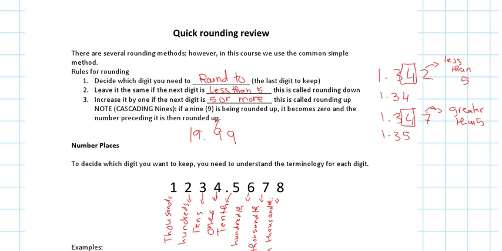But I can't round this up to 10, so it rounds the next digit up. Because this is also a 9, it rounds up to 2. We call that the cascading nines. Then this becomes zeros, so that's why it rounds up to $20.